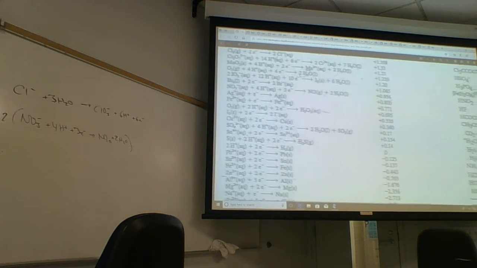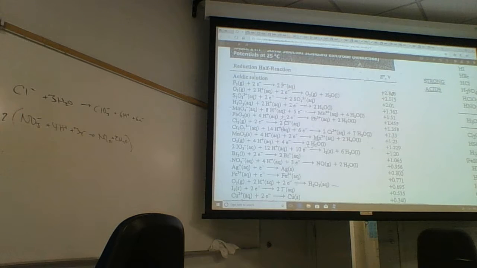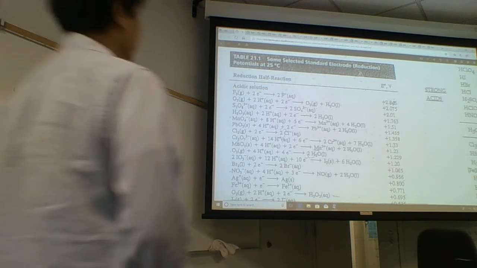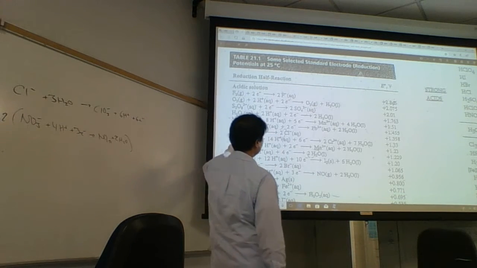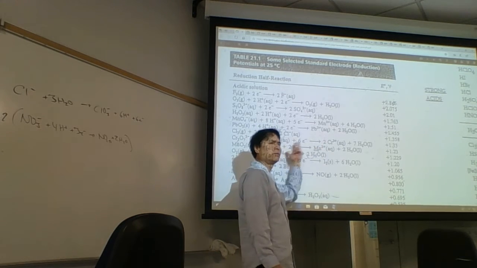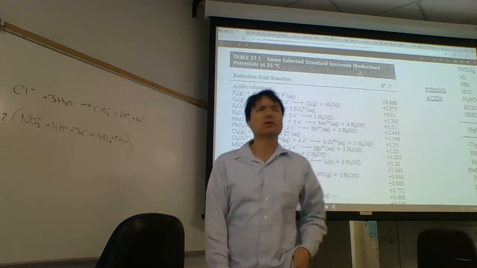That one here, dichromate. Yeah, it is on the chart. The dichromate goes to chromium 3+. Dichromate goes to chromium 3+ is on the chart.